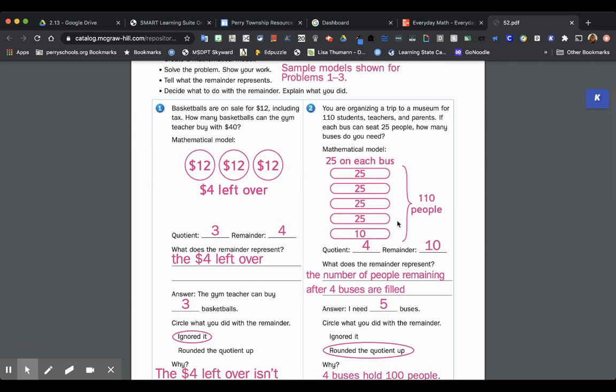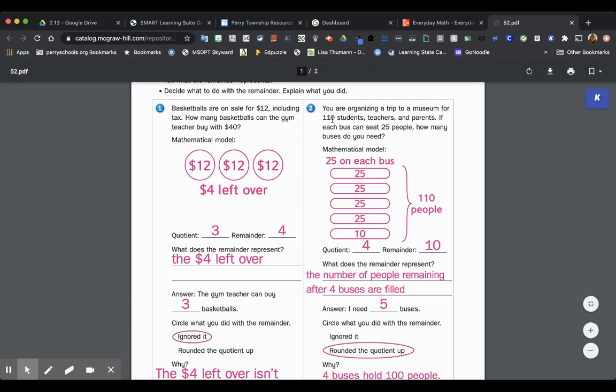They have drawn out pictures, and they see that 25 people are on each bus, so they drew out some representations for a bus. So we see that we have 1, 2, 3, 4 buses. That represents 100. But we know we have 110 total, so they drew 1 more bus to give those 10 people.